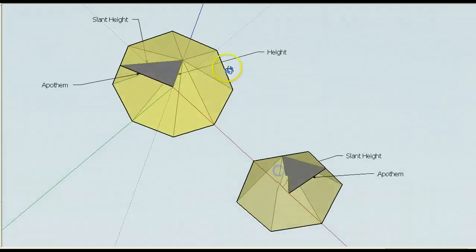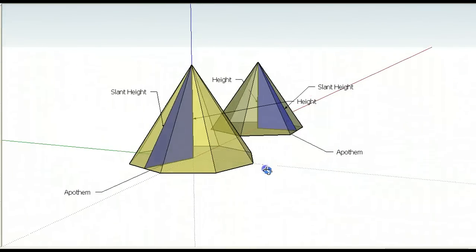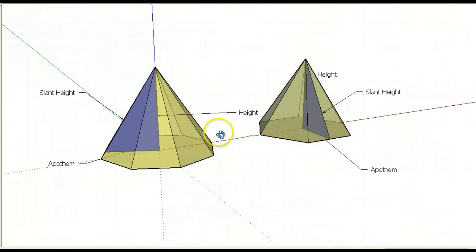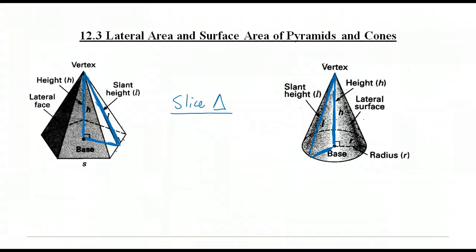So my slice triangle has three sides. One leg will be the height of my pyramid. One leg will be the apothem, and the hypotenuse will be the slant height. So my slice triangle is always going to be a right triangle.